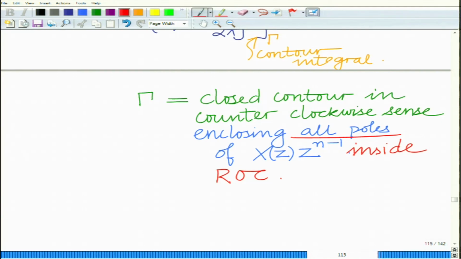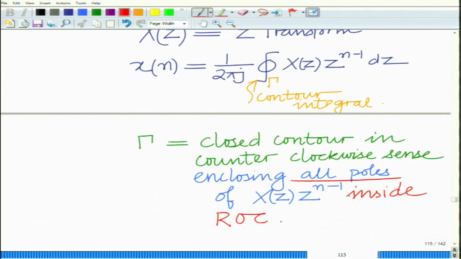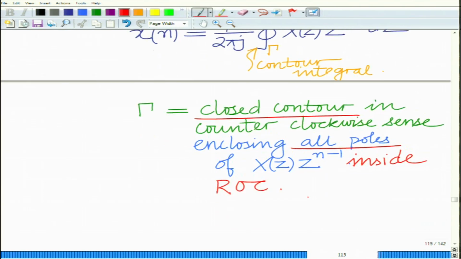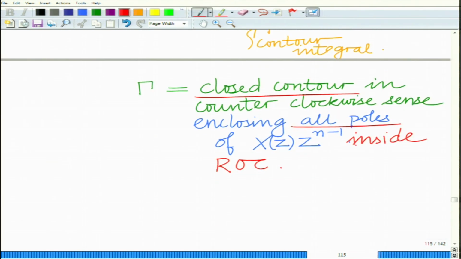So, you can show that x[n] equals 1 over 2 pi j, the contour integral over this contour gamma of X(z) z^(n-1) dz, where gamma is a closed contour in the anticlockwise sense that encloses all the poles of X(z) z^(n-1), and the contour is inside the ROC.